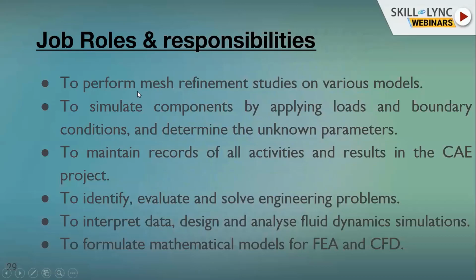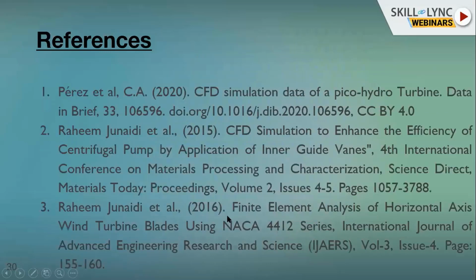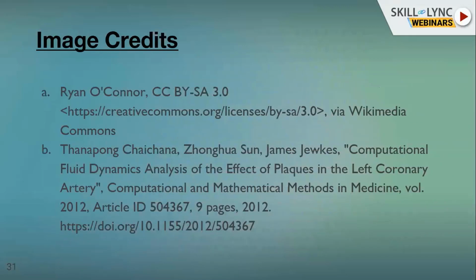You can be an expert in any one domain. Based on that, you have different hierarchies in the industries, and you can get selected out of the expert domain which you have. So these were the references which I would like to thank, and these are the image credits.